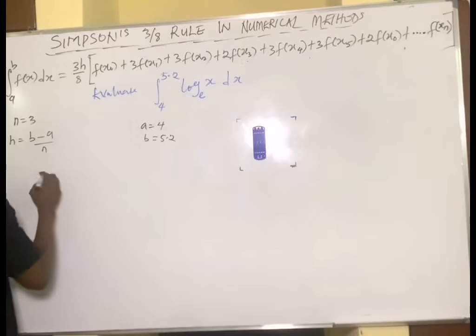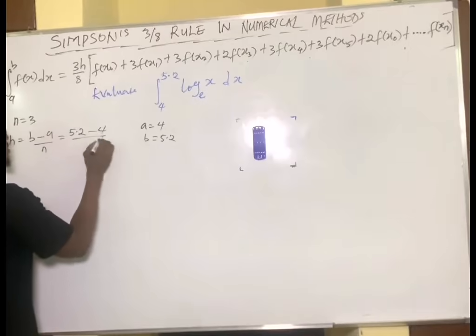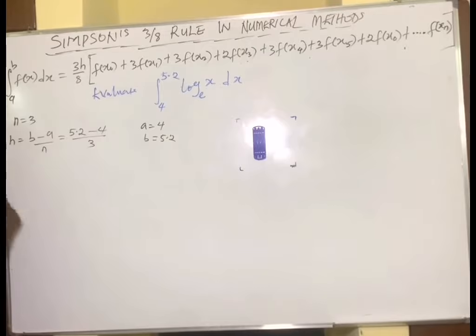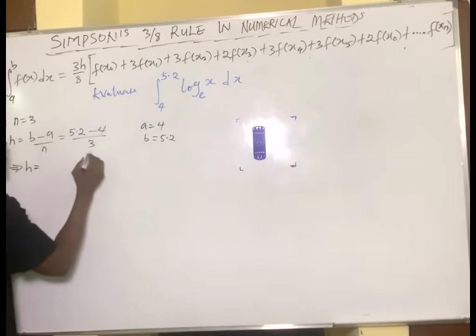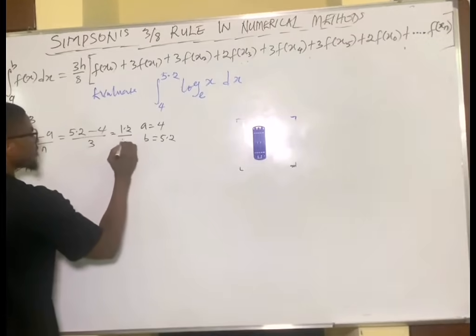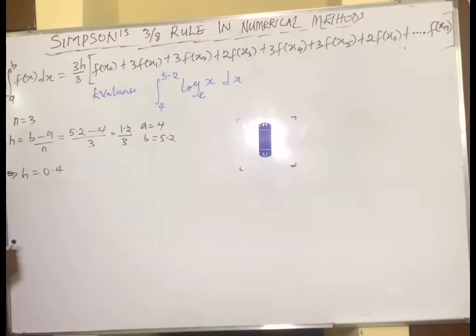So h is 5.2 minus 4 divided by n. We've taken 3 to be our subinterval. So h is equal to 5.2 minus 4, which is 1.2, divided by 3, and that should give us 0.4. So h itself is 0.4.